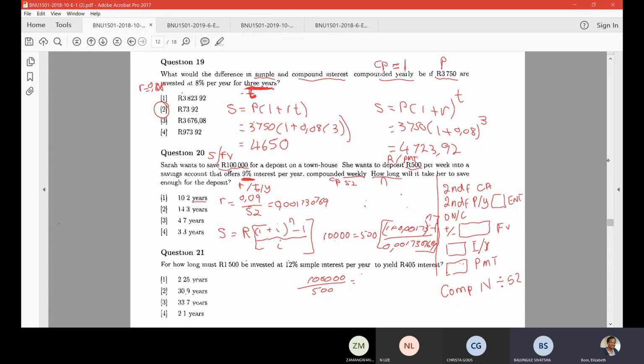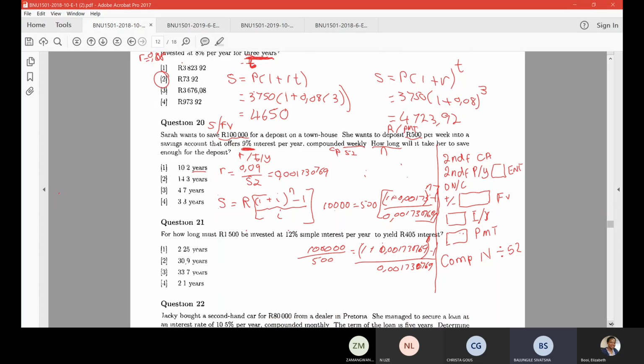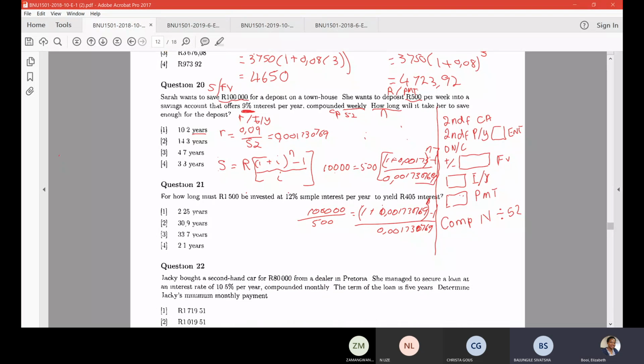You will be left with 1 plus 0.001730769 to the power of N minus 1, divided by 0.001730769. This is going to be a bit of a long calculation.